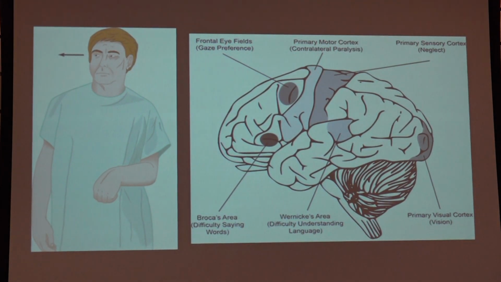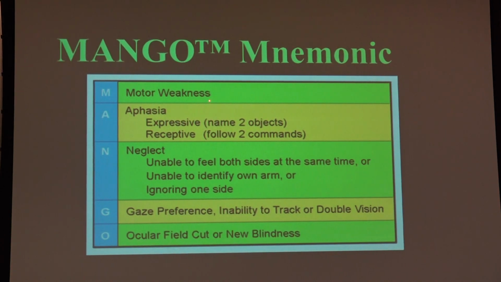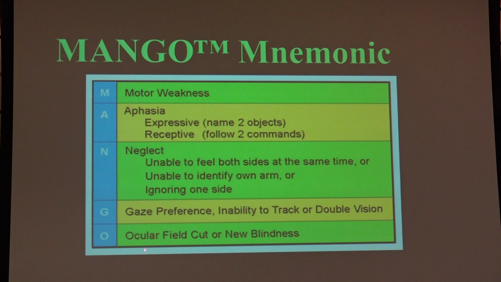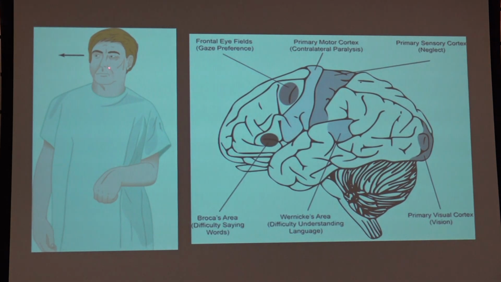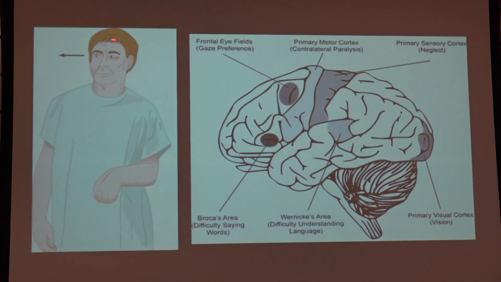So again, to be Mango positive, you have to have motor weakness plus one other cortical distribution. Now let's look at this example here. This patient, right off the bat, has left arm weakness, all right? And they have gaze preference to the right. Is this person Mango positive?